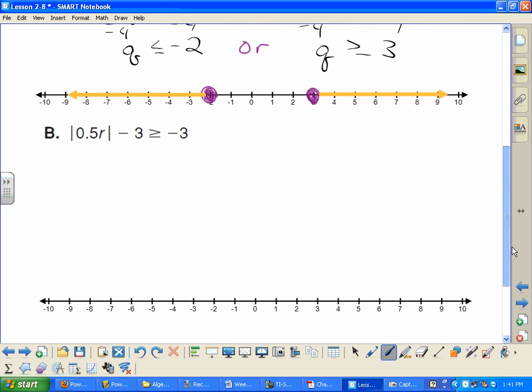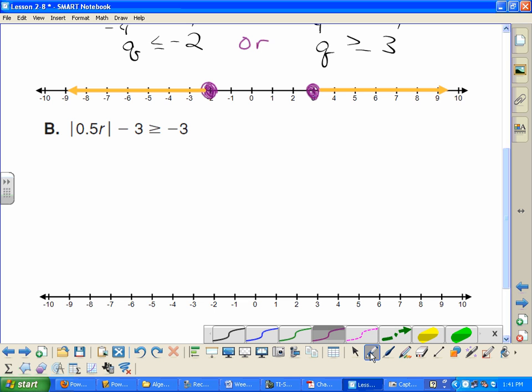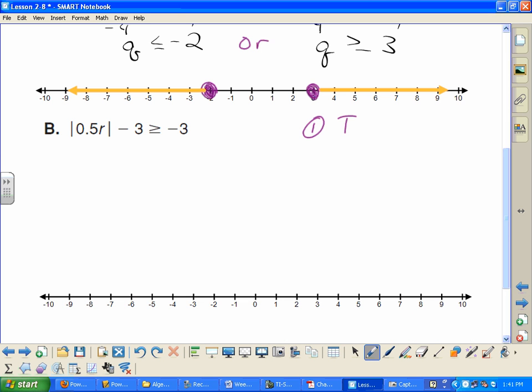Letter B. Absolute value of 0.5 r minus 3 is greater than or equal to negative 3. So our first step is going to be to isolate the absolute value.